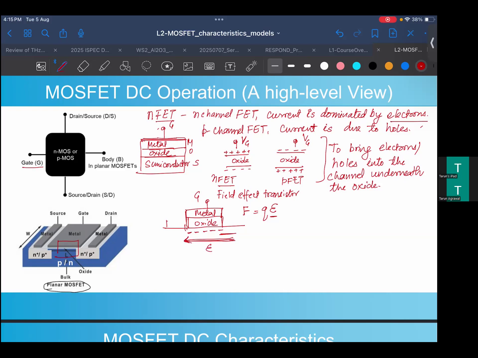If the field is in this direction, that means the force on the charge would be in the opposite direction, right? Because there is a negative charge on the electron. So if you want your electric field to be in this direction, you have to apply positive voltage here and negative on the other side.